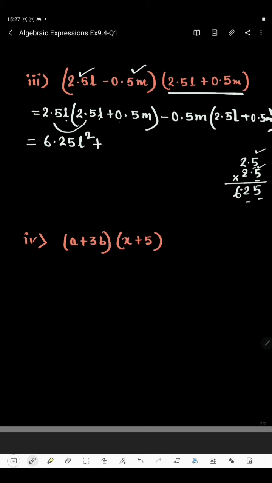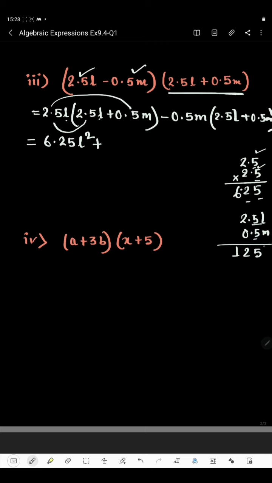Now plus sign. Now 2.5L to be multiplied by 0.5M. Now if you ignore the point, it will become 25 and 5. 25 will be multiplied by 5. So 25 5s are 125. Now again while putting the decimal, we'll check how many places are there right of the decimal.